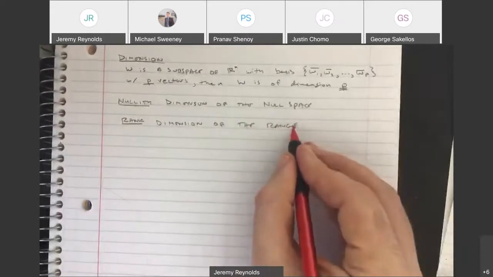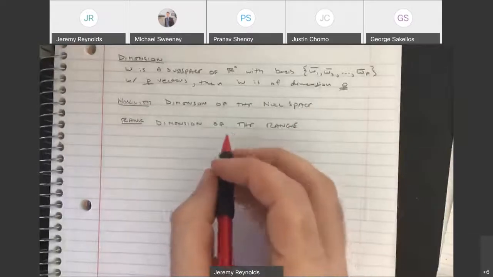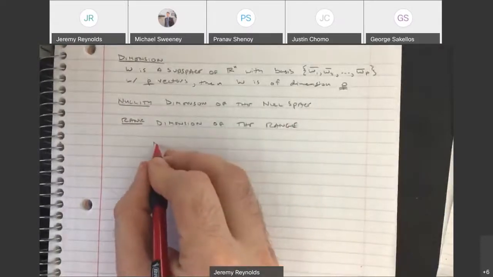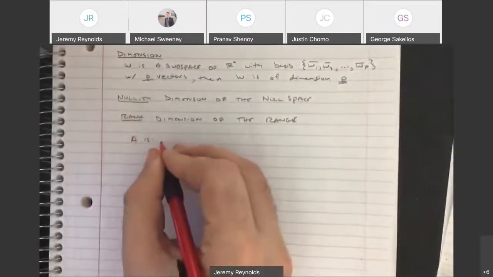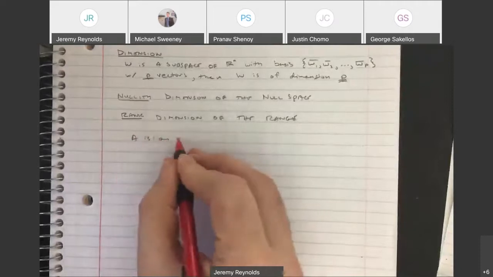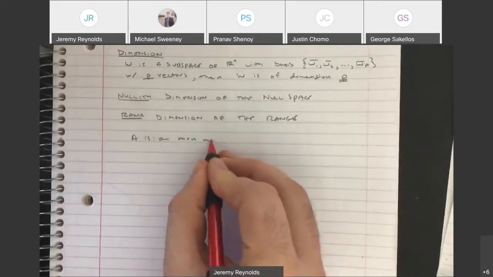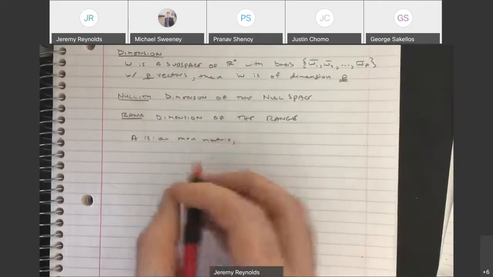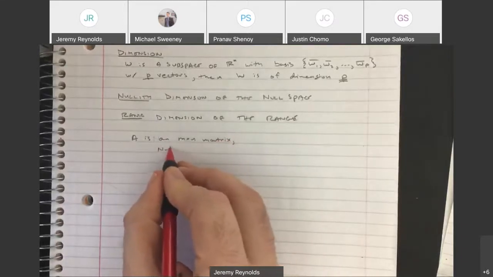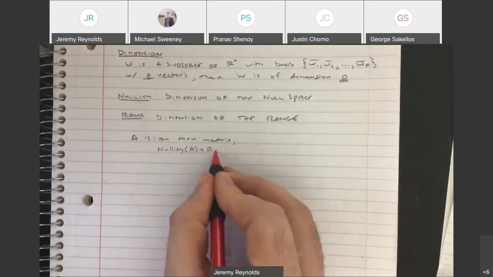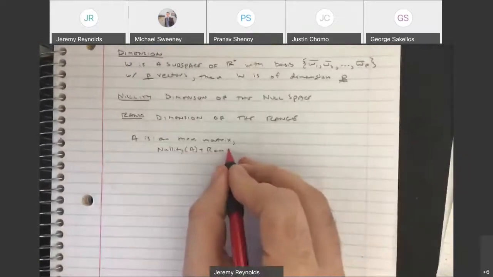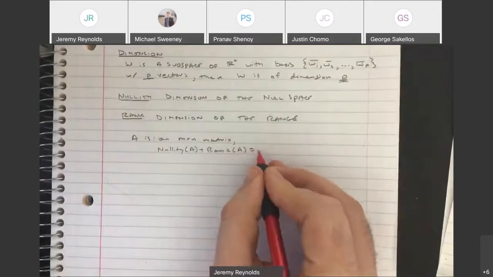And conveniently, if A is an m by n matrix, then the nullity of A plus the rank of A is going to equal n.